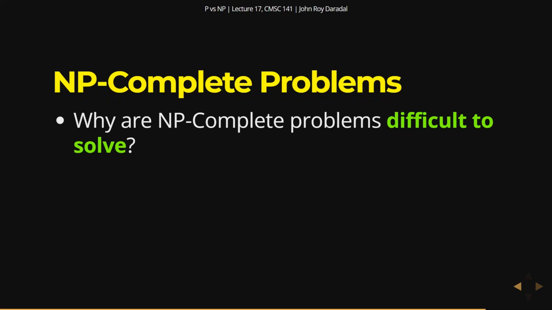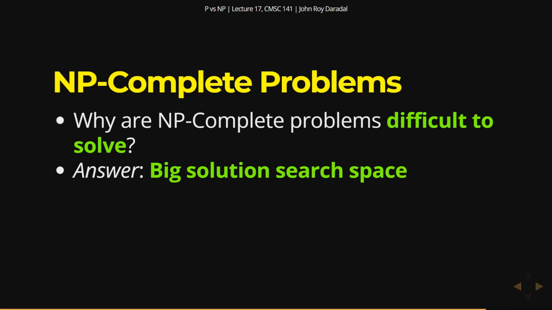So why are NP complete problems difficult to solve? Well, it's because the solution search space is very big. You have way too many possible solutions, and you're looking for that one solution in this very big space. Usually there's an exponential number of solutions, right?